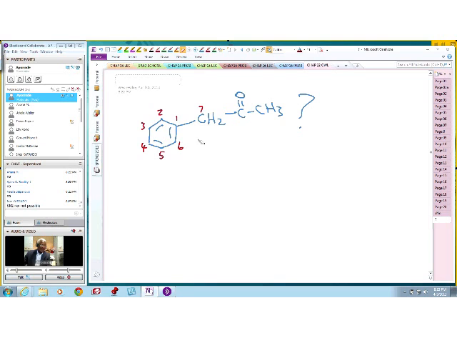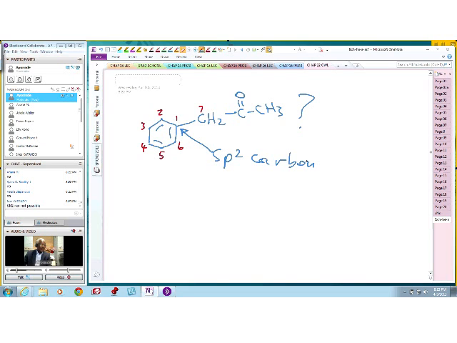SN2 reaction not possible. Excellent. An SN2 reaction is not possible on an sp2 carbon. This is an sp2 carbon right here, and you do not do an SN2 reaction on an sp2 carbon.